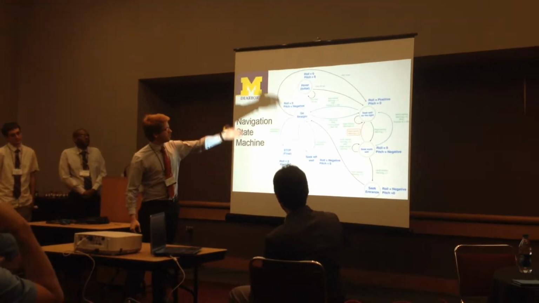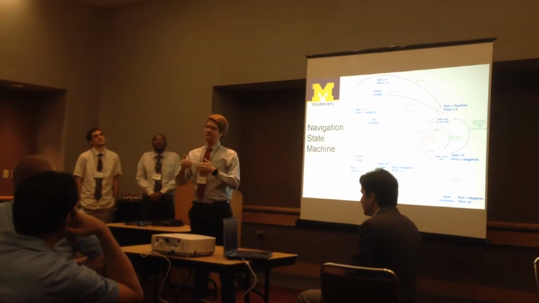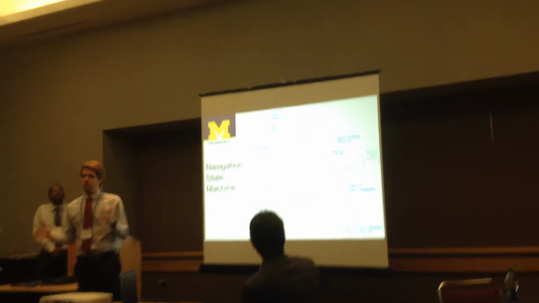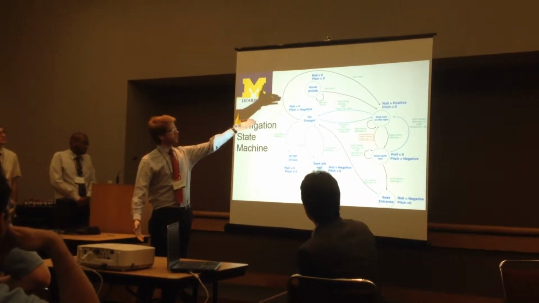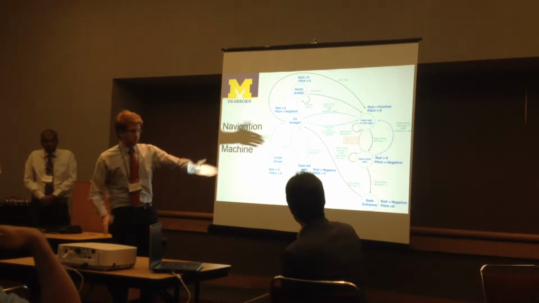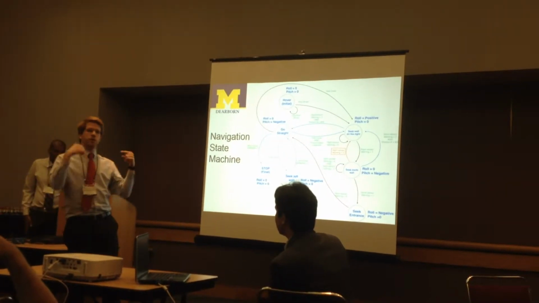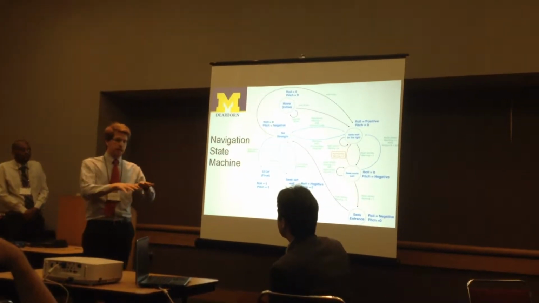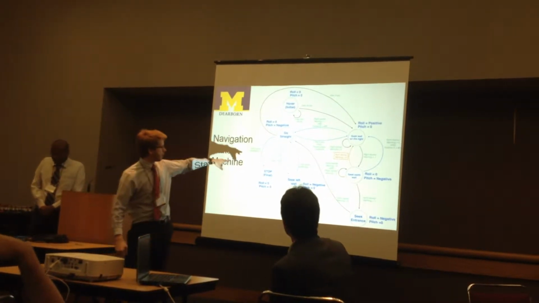For each one of these states, we turn the quadcopter maintaining a safe distance from the walls to make sure that we don't crash, and we keep the path that we want the quadcopter to follow. Also, seek the right wall and seek the north wall, and as we saw in the previous one, seek the entrance, go back to the right wall, and then when we find the end zone, we go to the crab walk, which are those blue arrows.